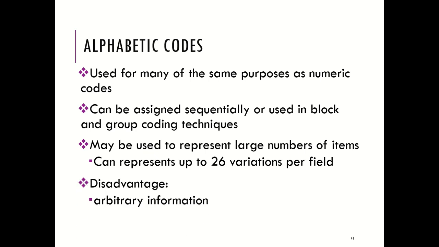Now, also another advantage of these alphabetic codes is that using alphabetic characters increases the number of possible blocks, which is 26. Furthermore, the two-digit sequential portion of the code has the capacity for more items.